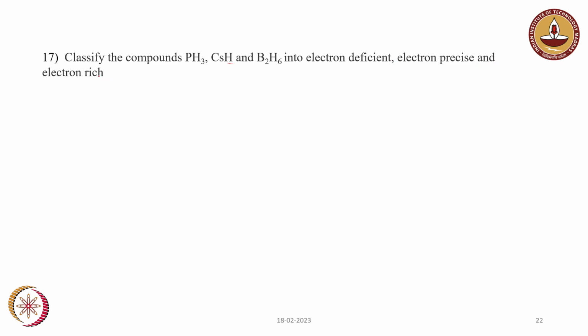So electron deficient is defined as molecules having fewer electrons than an octet in the Lewis structure.